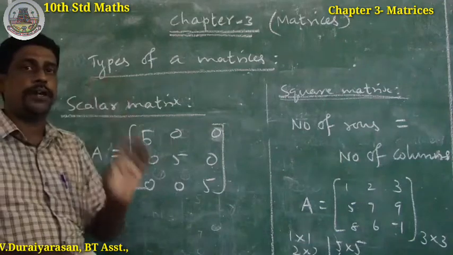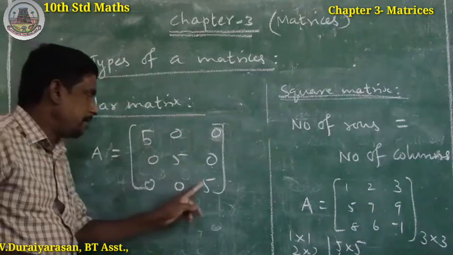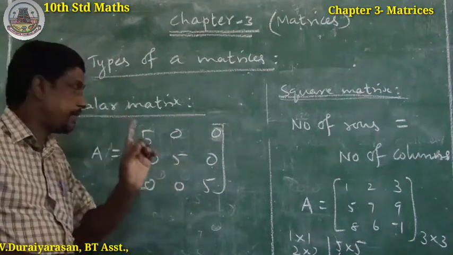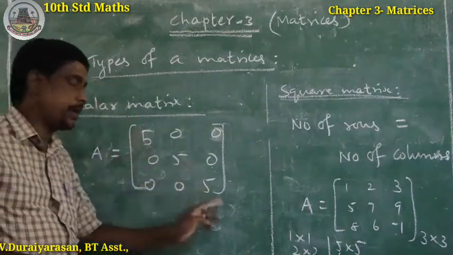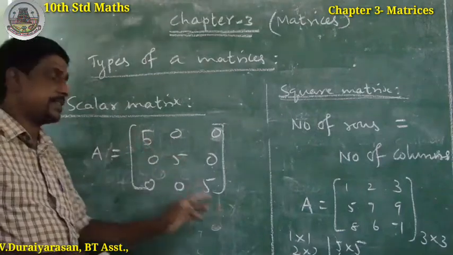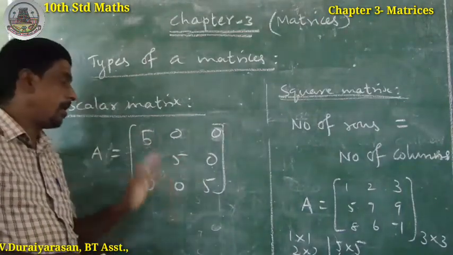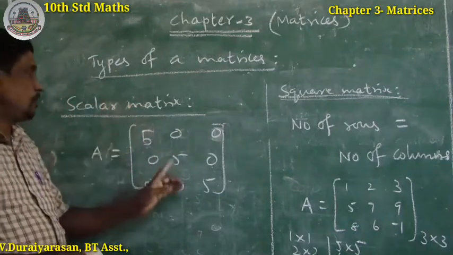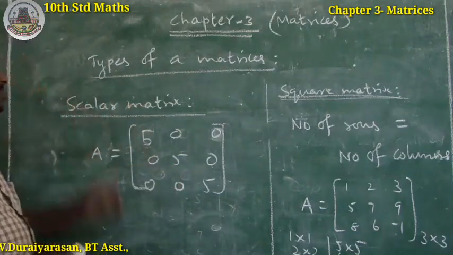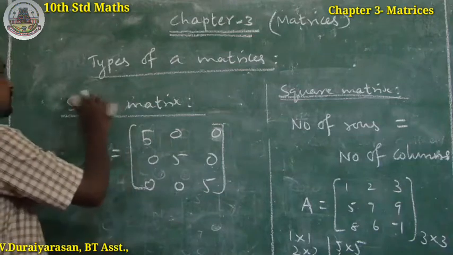Very important point: the diagonal elements are equal. For example, 5, 5, 5, or minus 1, minus 1, minus 1, or minus 3, minus 3, minus 3, or root 2, root 2, root 2: all are equal. So this type of matrix is called a scalar matrix.